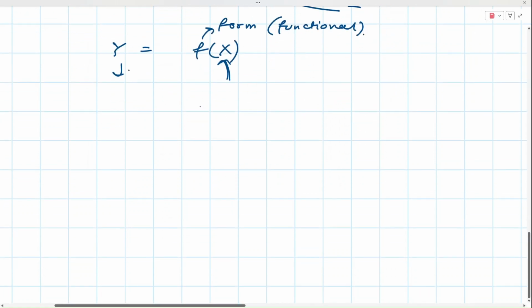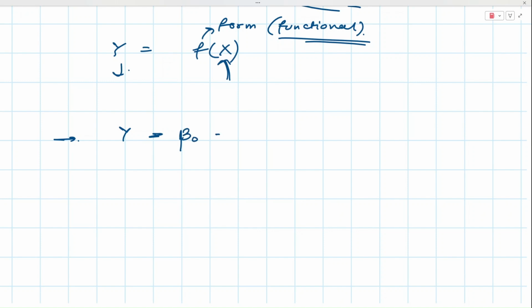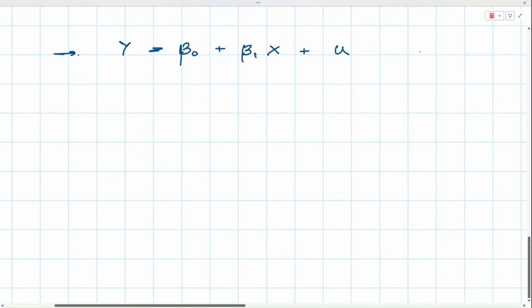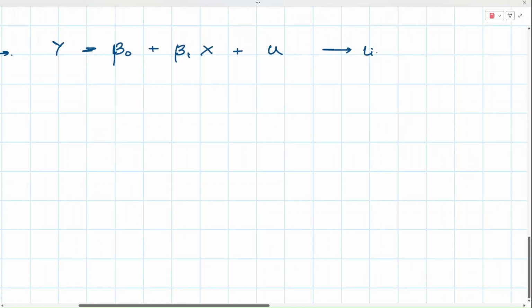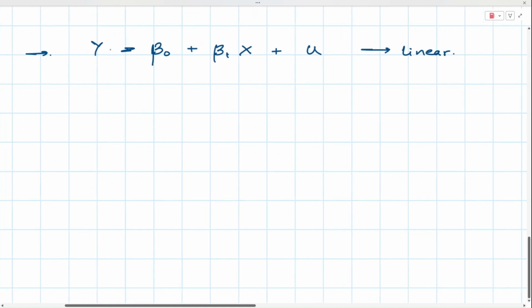Now, one of the very common functional forms is y equal to beta naught plus beta 1 x plus u. This is a linear model, right? We know what a linear model is; there are also exponential models and logarithmic models.